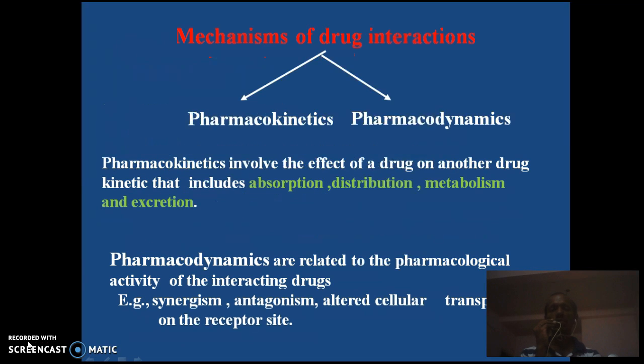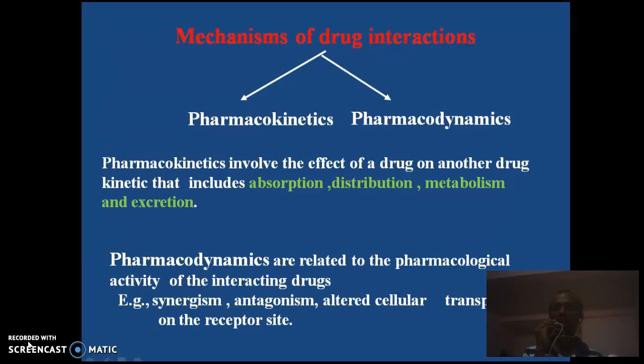If you come to the classification of drug interactions, they are basically divided into two types, namely pharmacokinetic interactions and pharmacodynamic interactions. Pharmacokinetic interactions involve the effect of a drug on another drug's kinetics, that includes absorption, distribution, metabolism, and excretion.